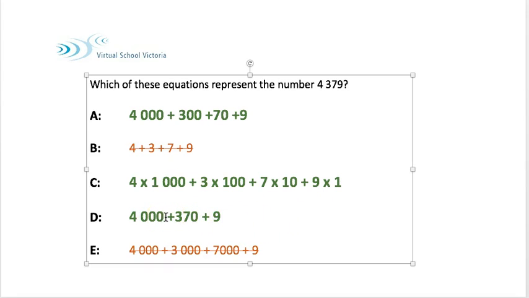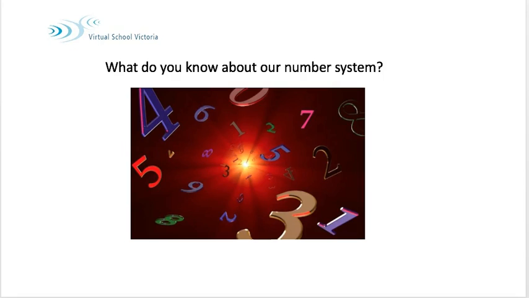And here you've got 4,000 plus 300 plus 9, that equals 4,379. And what we really have here is 37 tens, which is the same as 370. And of course, the last one does not make sense.